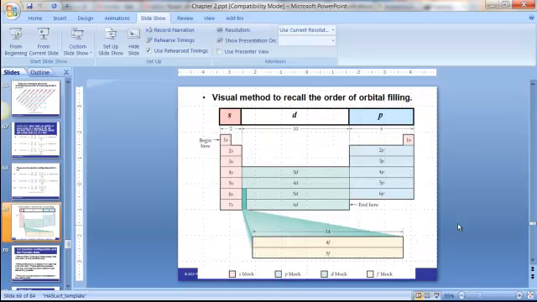The periodic table is designed really, really efficiently so that you can easily figure out the electron configurations for any atom. That's because the organization corresponds to where these different elements are going to end in their electron configurations.